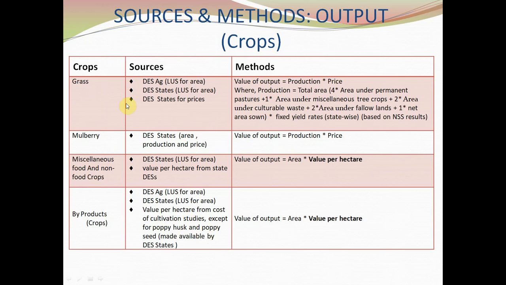And grass. For grass, LUS is used for area, which is provided by DES Ministry of Agriculture and DES states, and prices are provided by DES states. Value of output is calculated by using production into price, and production is taken as weighted average of area under permanent pastures, area under miscellaneous tree crops, area under cultivable waste, area under fallow lands, and net area sown.